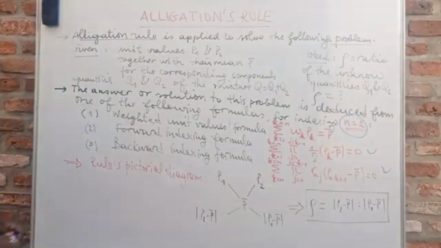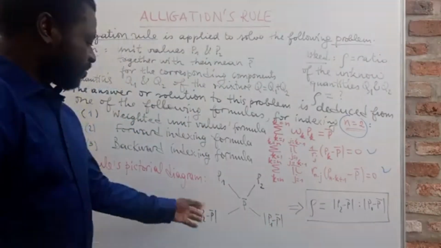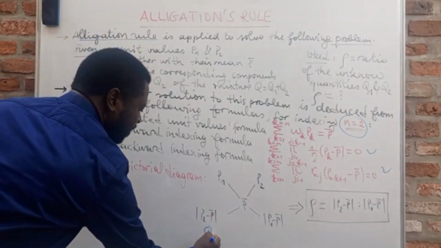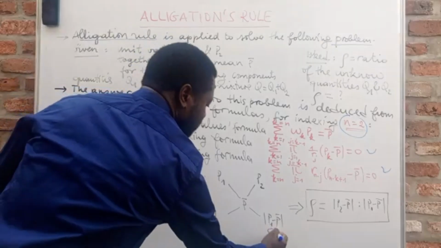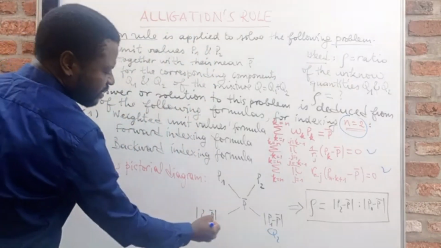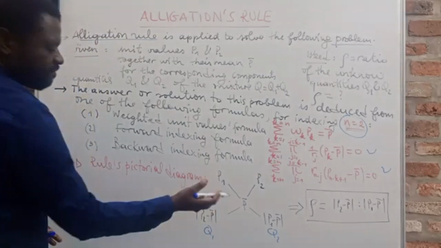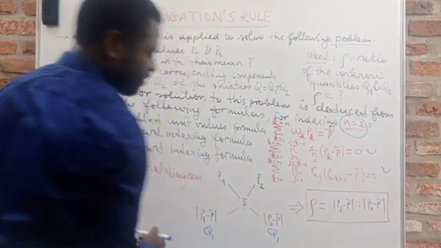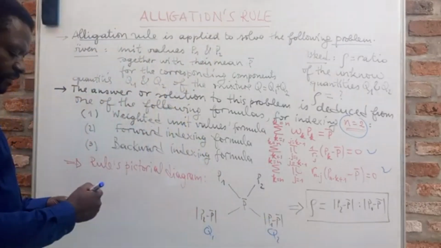We take the quantity Q1 here and Q2 here, so that this value is a relative quantity from Q1 and a relative quantity from Q2.